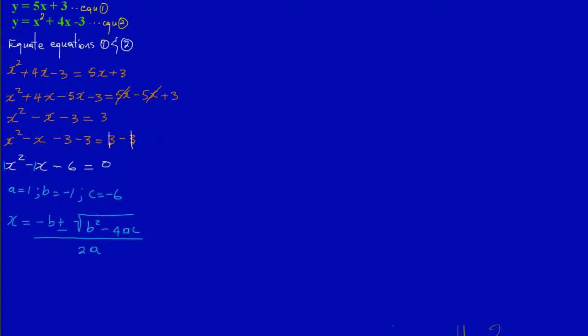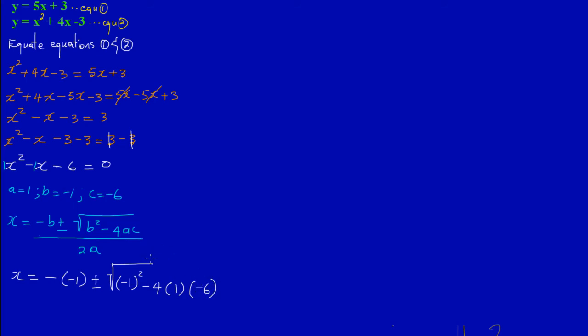So we have x, and let me change my color. So here we would have x is equal to negative, and what is b? b is negative 1. So I'm going to take out b, put in negative 1, close my bracket, plus or minus the square root, and b is negative 1, so I would have negative 1 all squared, minus 4 times a, which is 1, multiplied by 1 times c, and we know that c is negative 6.